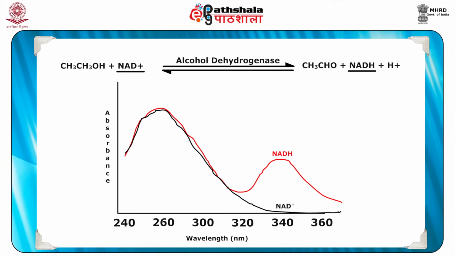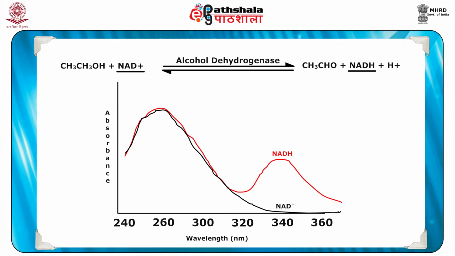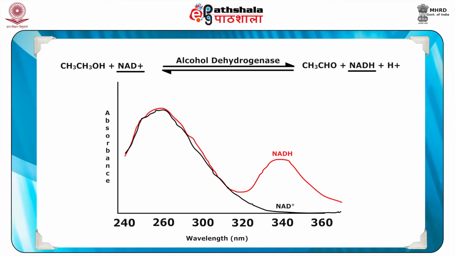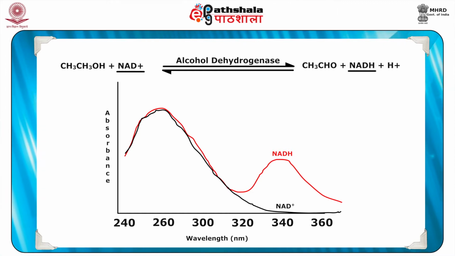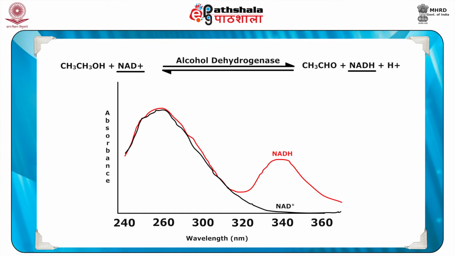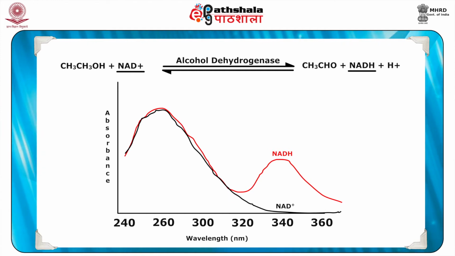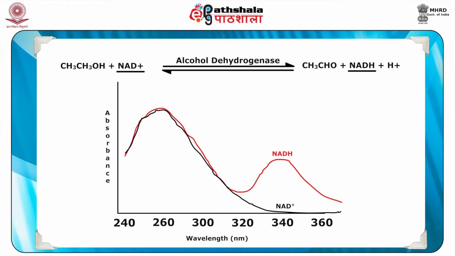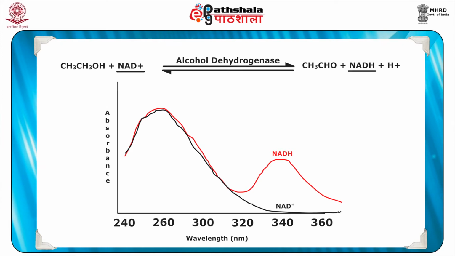Observe the graph. NAD+ has no absorbance at 340 nanometers unlike NADH, and therefore if the assay is monitored at 340 nanometers, then the amount of NADH formed, which is stoichiometrically equivalent to the amount of NAD+ reduced, which is then equivalent to alcohol, the substrate, can easily be monitored.